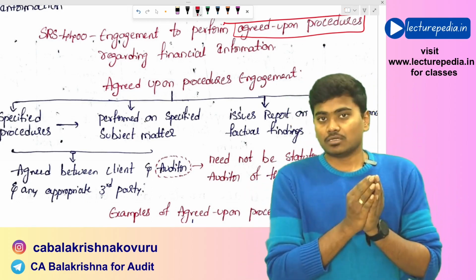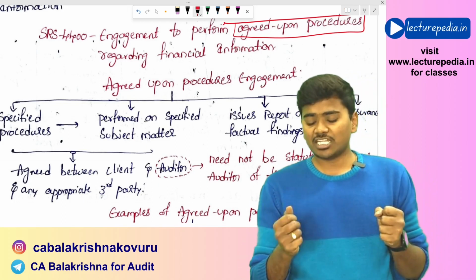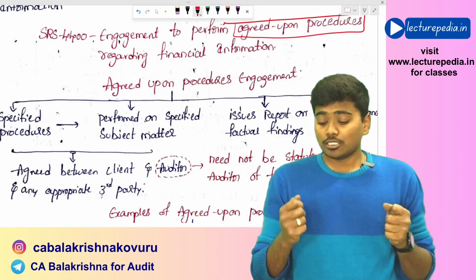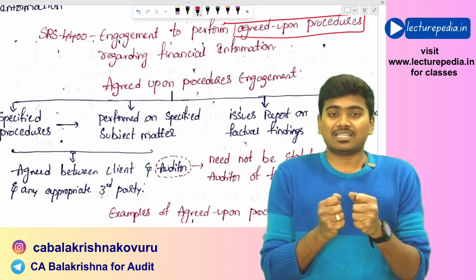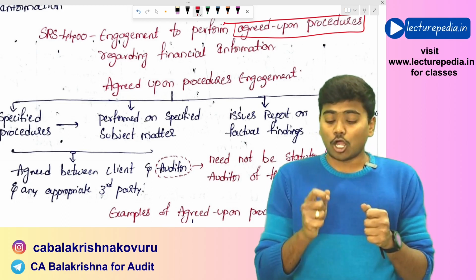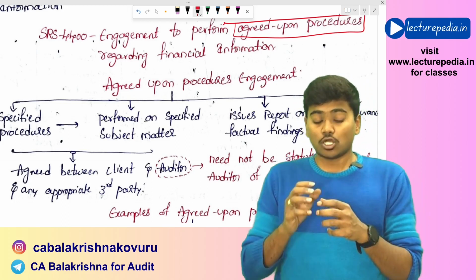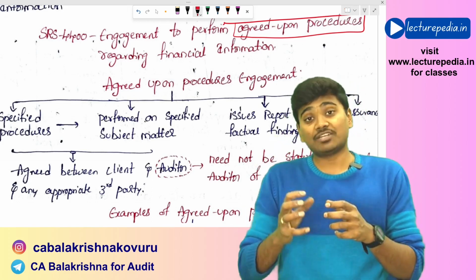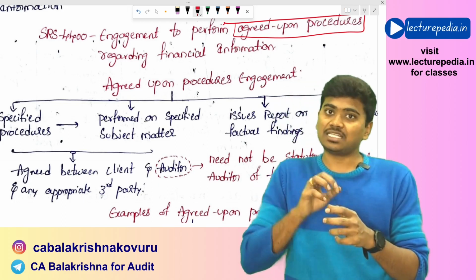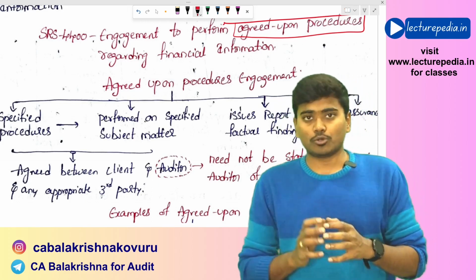Basically, in these types of engagements, the auditor and the management or the client, before performing the engagement itself, will agree upon certain procedures, and on which financial information these procedures have to be performed will also be decided beforehand, and what should be the format of reporting.